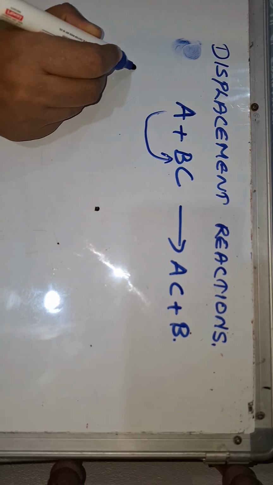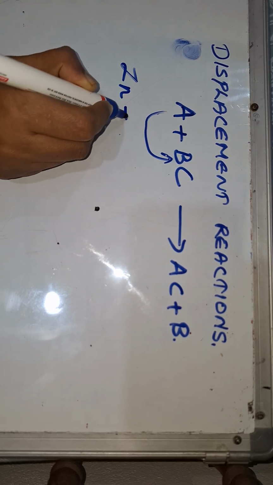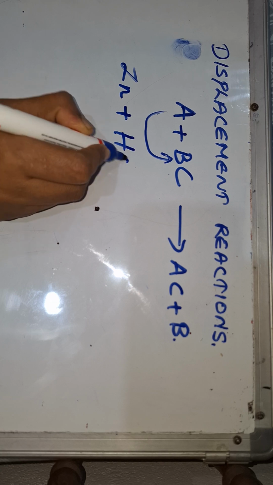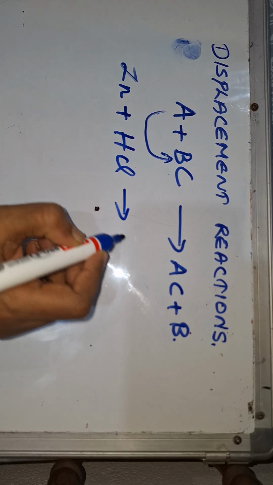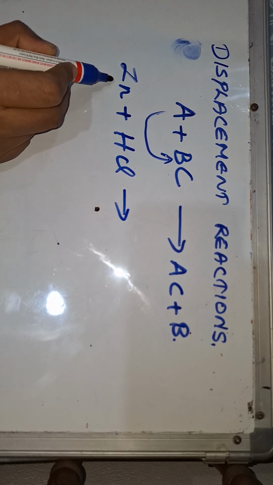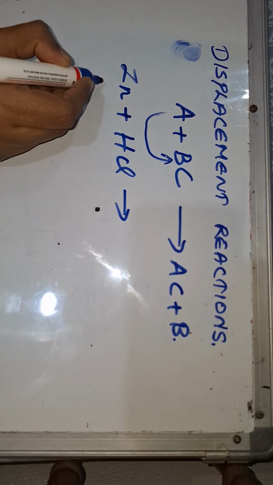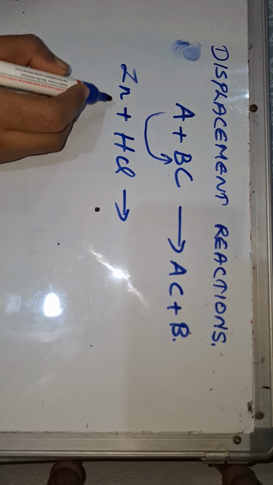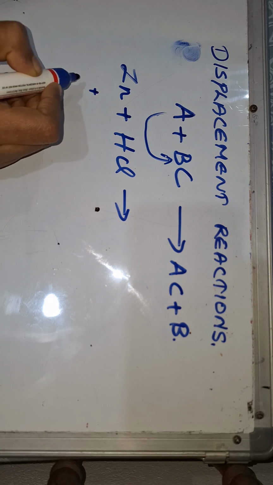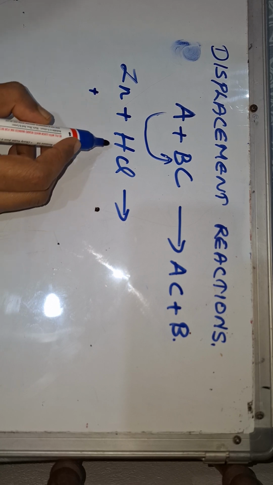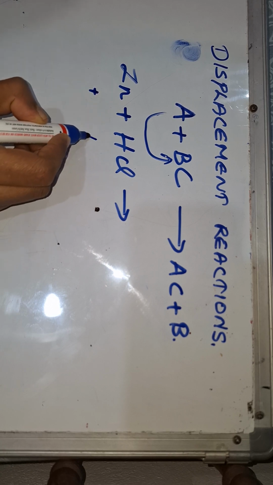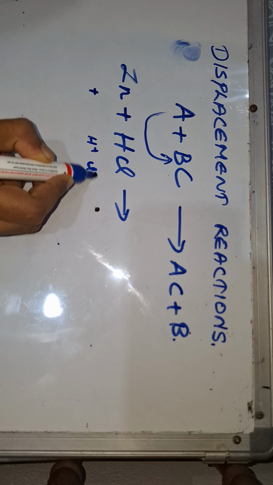Let us consider some examples. Zinc reacts with HCl and we will get what? Here this is zinc, this is HCl. Zinc is a metal and it forms positive ions. And HCl means there will be H plus ions and Cl minus actually.